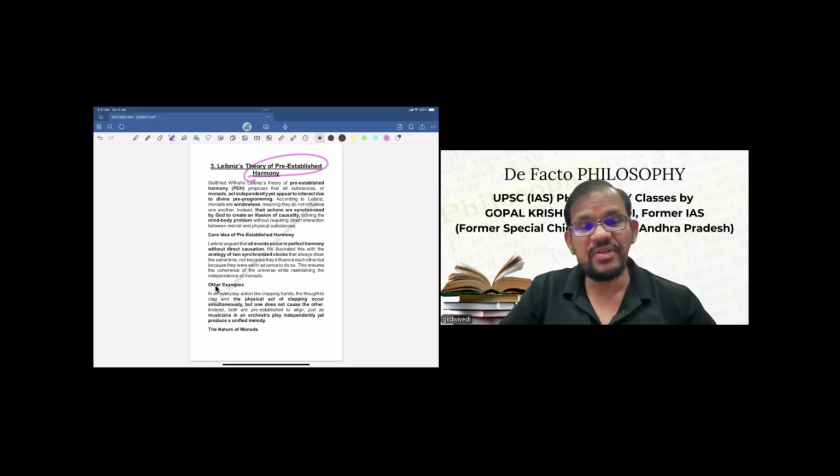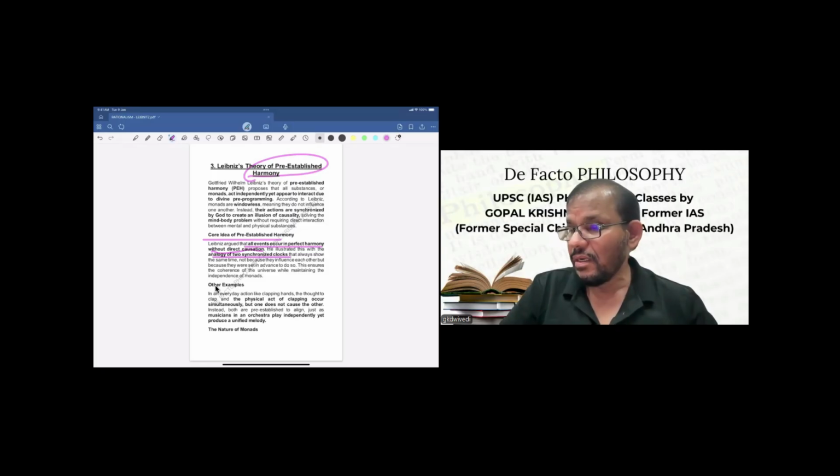So by this pre-established harmony idea, Leibniz assumes that the mind-body problem is solved. So what is the core idea? The main idea is that all events occur in perfect harmony without direct causation. Just like the analogy of two synchronized clocks Leibniz has given. Then there are several other examples he has given.